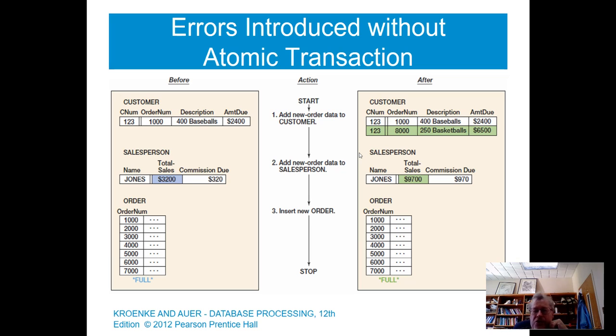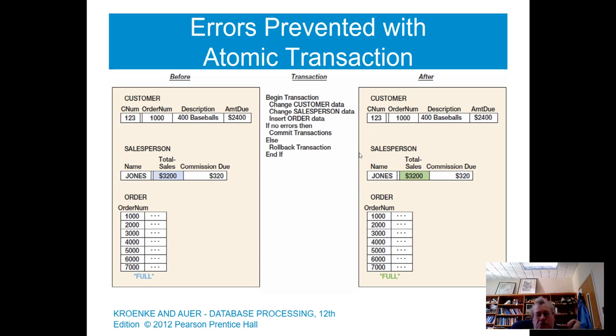But now we go to insert order number 8,000 into the order file, but the disk is full and it can't be done, so it doesn't work. So we've got the customer owing us more money. We've got the salesperson getting more commission, but we don't have the order because we couldn't put it into the system. This is similar. It's three steps, but it's similar to what I just ran through, where we have a problem, right? So what do we want to do?